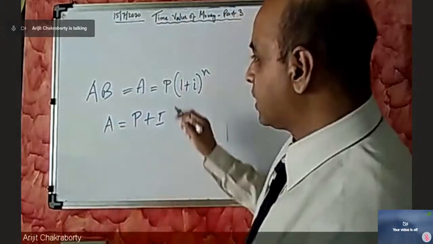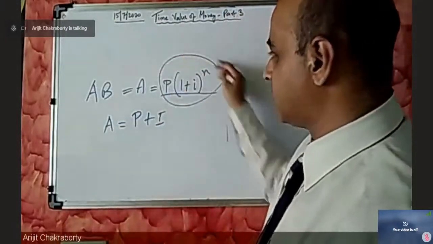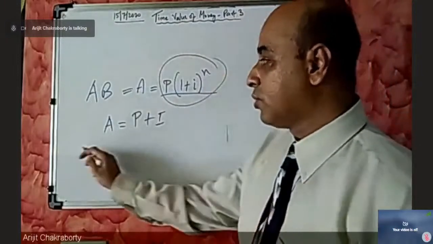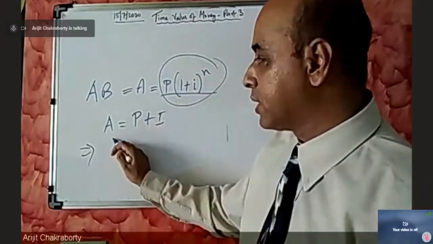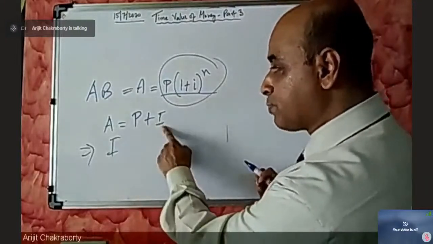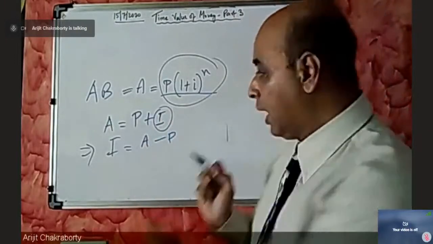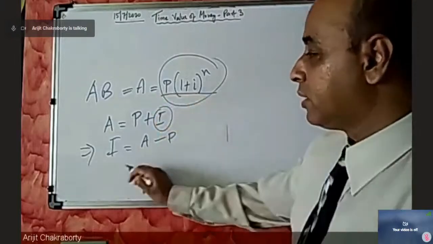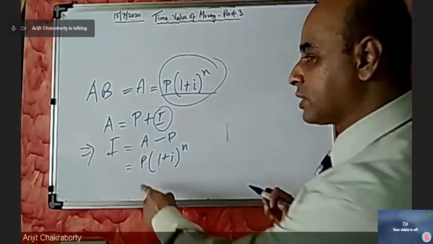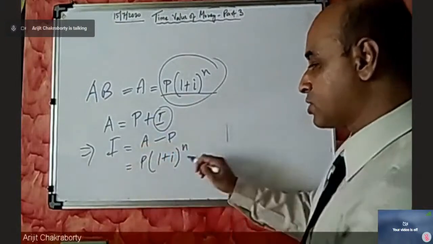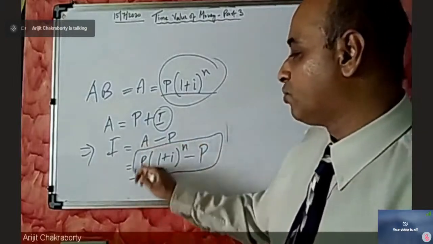Right? So from this formula, amount is equal to principal plus interest, I can write interest, only the interest part, is equal to amount minus principal. And the amount is here, P into (1 + i)^n. This is the amount. This minus P comes, minus P. Okay, so this is the formula for the interest.